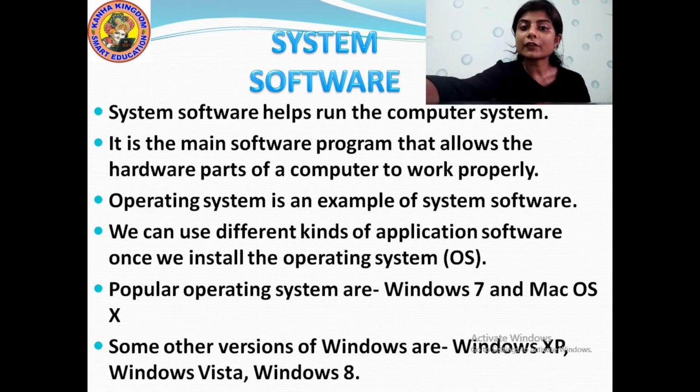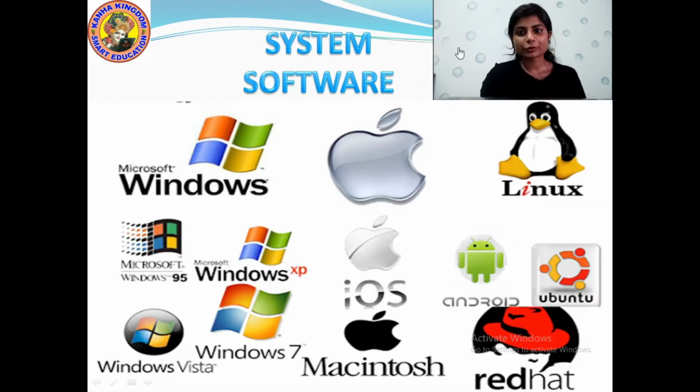Then some other versions of Windows operating system are Windows XP, Windows Vista, Windows 7, Windows 8, Windows 10. These are some more examples of operating system which is installed in a computer, by which we can work on it. Okay? So students, these are some operating systems.